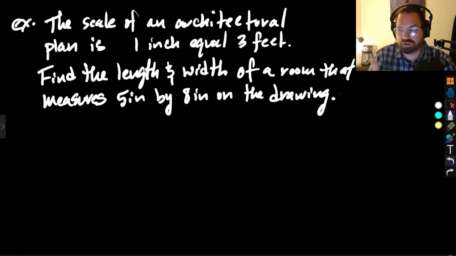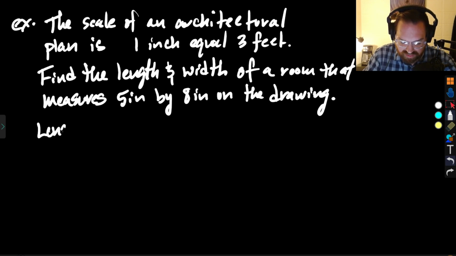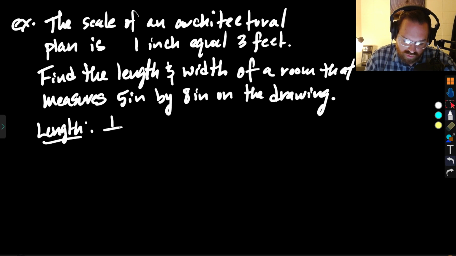So there's actually 2 parts to this. It's not just find a single unit because we need length and width, right? So for the length, what do we have? We've got 1 inch is 3 feet.